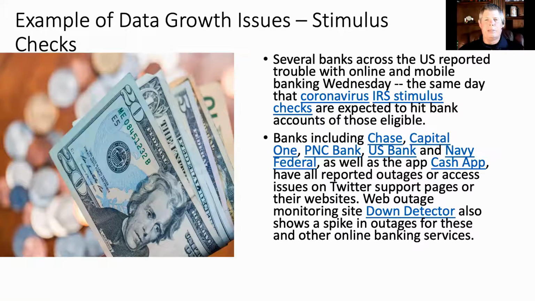We had a whole bunch of banks that reported outages because, when this happened, everybody went crazy. They had to go buy up all the food they could get, and they needed cash, and they were doing things in their accounts, and the overwhelming increased volume totally messed up the banks.